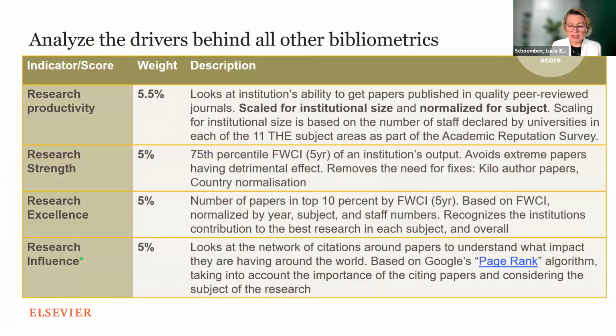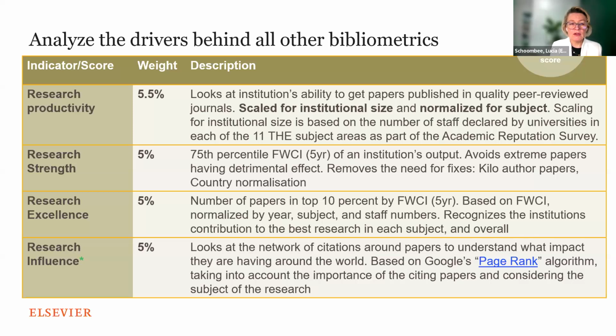So besides the citation impact, which is field-weighted, there are a number of other citation-based indicators as well. So research productivity accounts for 5.5% of the weighting of the entire score. And here it looks at the institution's ability to get published, publishing in quality peer-reviewed journals.